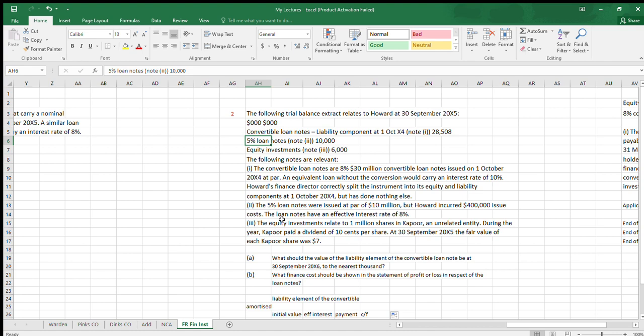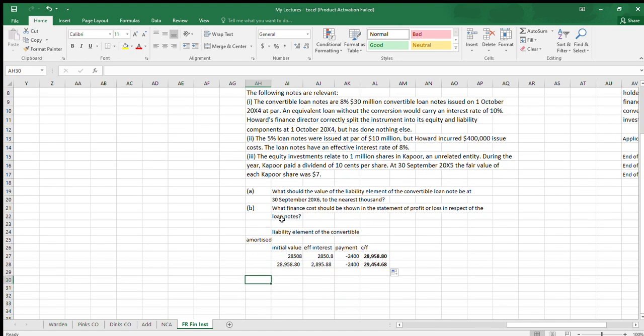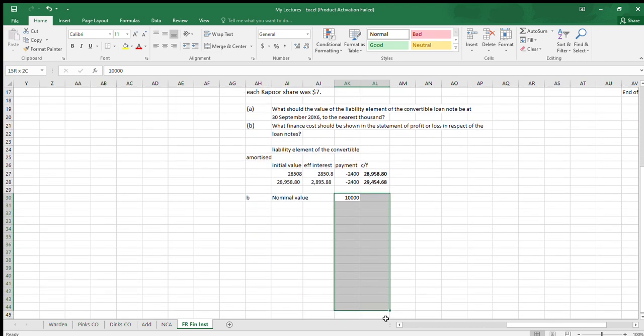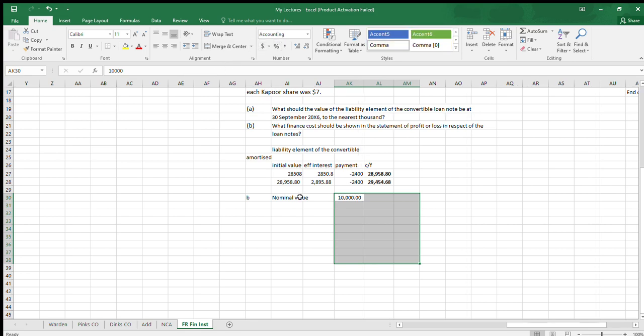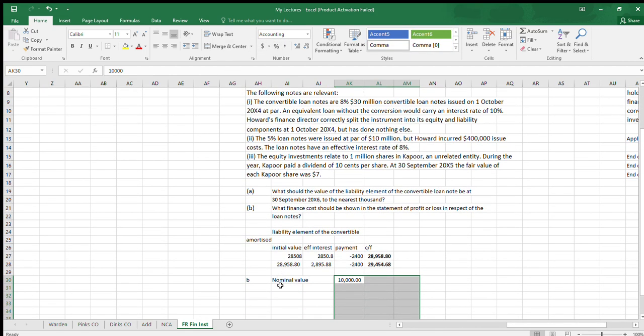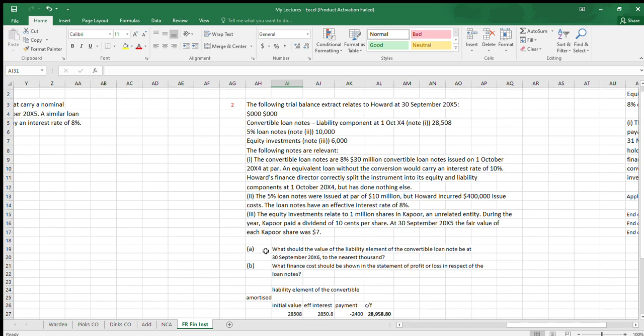The 5% loan note, the nominal value is 10,000. Now let us read the question again.